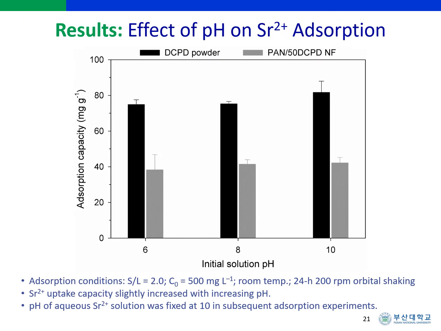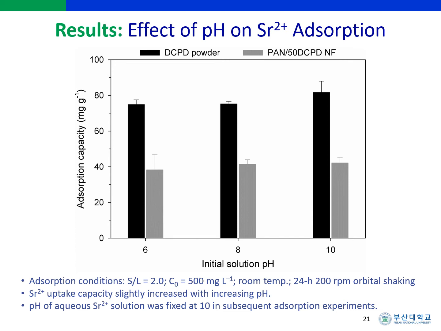Taking into account the partial to complete dissolution of DCPD in acidic conditions, i.e. pH less than 4, and the precipitation of strontium ions into strontium hydroxide at a pH greater than 10, pH values between 6 and 10 were selected to determine the optimum pH for the removal of strontium ions from water. DCPD exhibited the highest adsorption capacity at an initial pH of around 10.2.